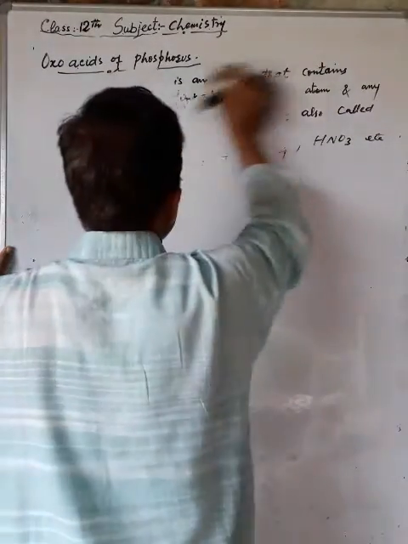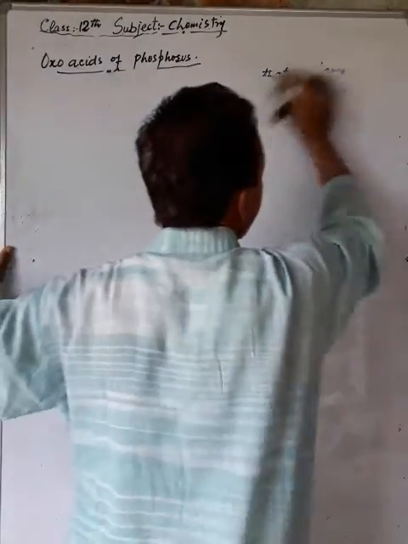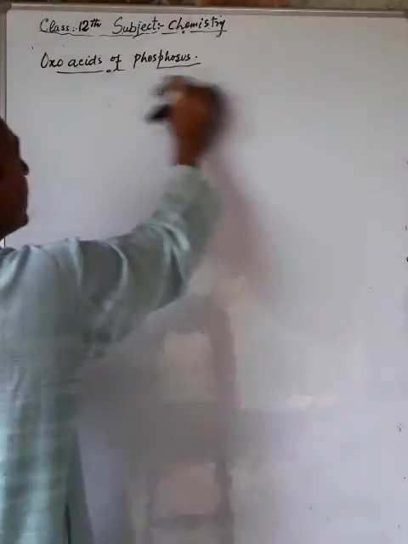oxoacids or oxyacids. Now we have to write the oxoacids of the phosphorus.